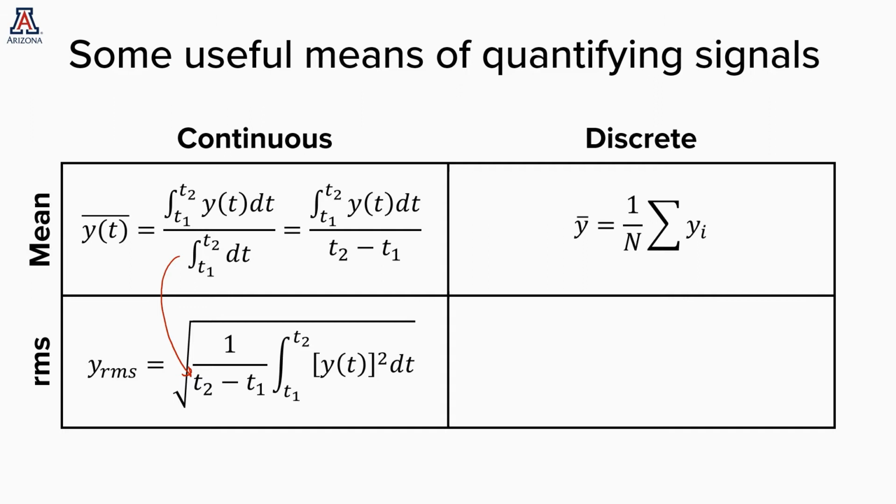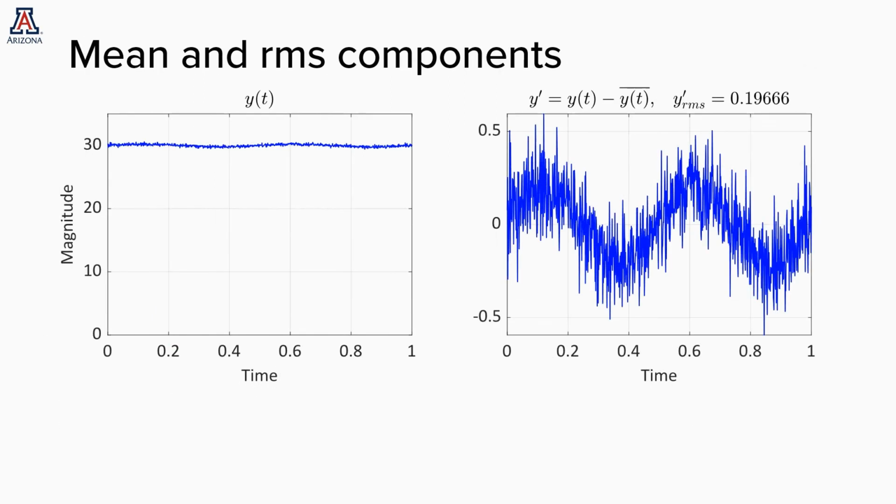For the discrete case, you've got a similar situation as before, only again, you have to square the y term and you have to put the whole thing under a square root. If we look at an example signal, here I've got a signal that has a DC offset or a mean value of 30, and if we go ahead and subtract the mean, or A naught, from that, we would call that y prime.